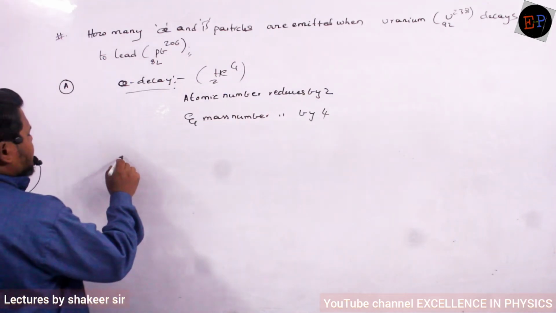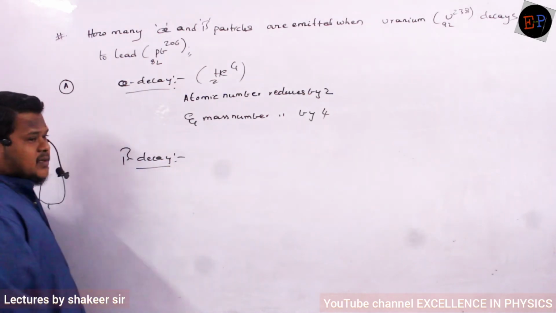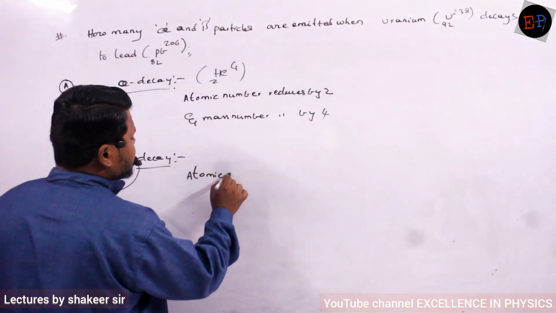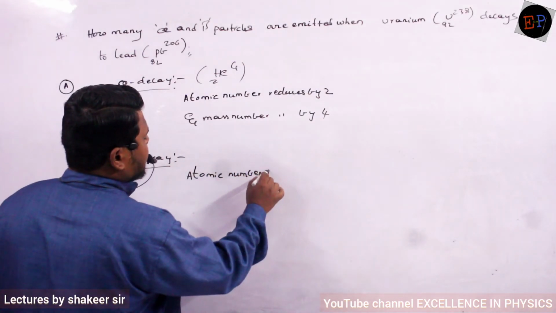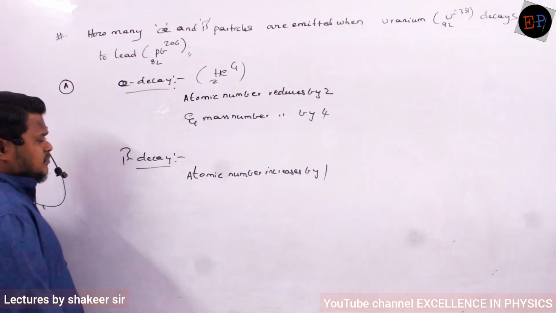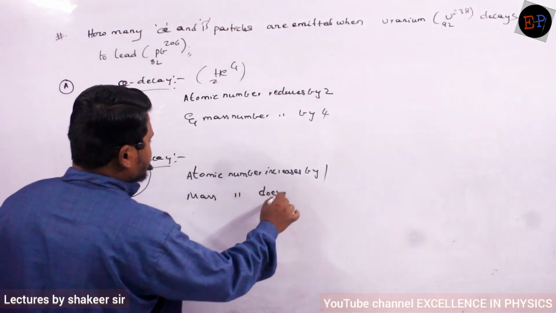Next, what happens when a beta particle goes out? When one beta particle is emitted, what will happen? Come on. The atomic number increases by 1 unit. And the mass number? The mass number does not change.